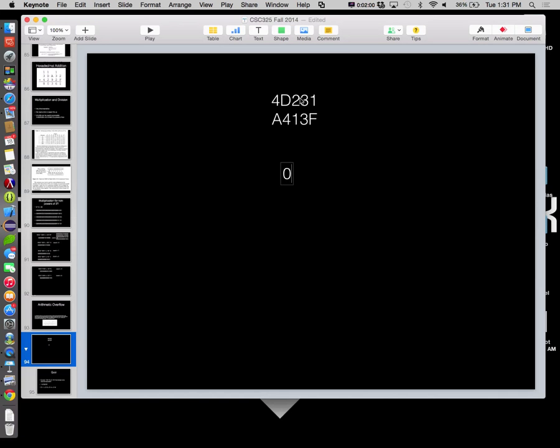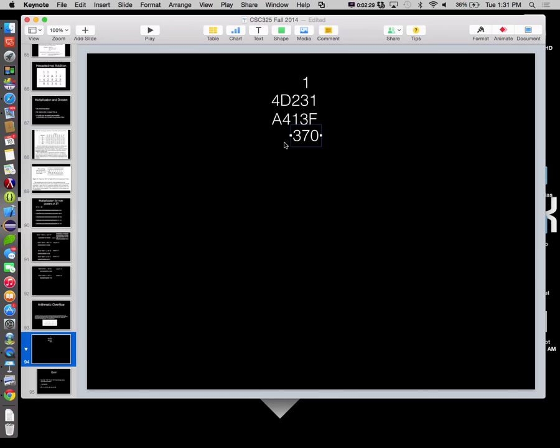It's a 0. Actually, let me just do a carry bit up here. Carry the 1. So we have a 0 so far for our answer. 3 plus 3 is 6, plus 1 is 7. 2 plus 1 is 3.